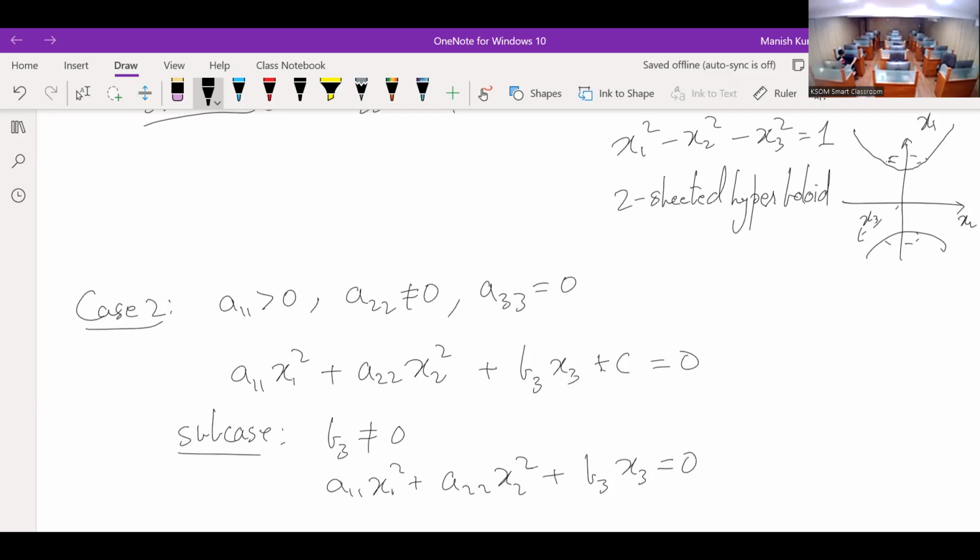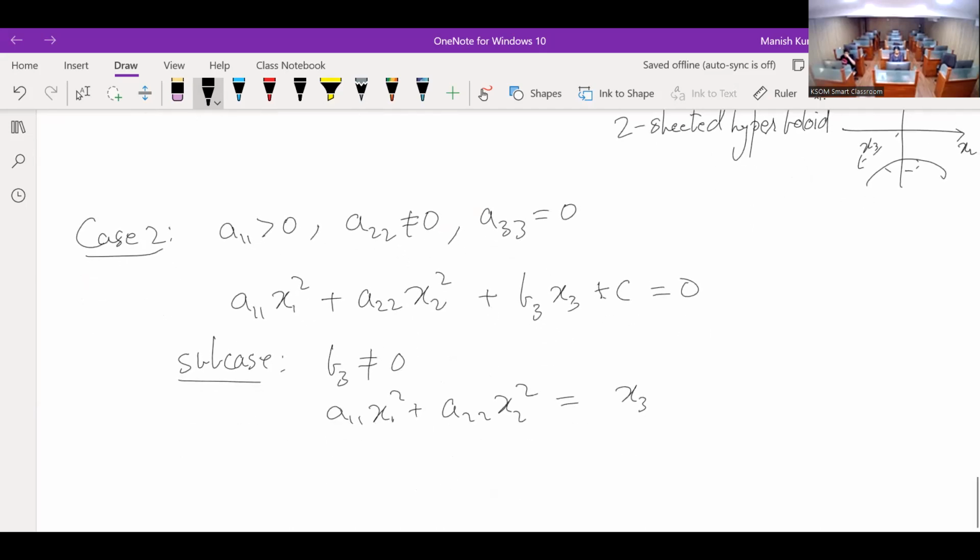And maybe by scaling x3, we can even make sure that B3 is -1. So we can do a scaling of x3, and the shape will not change. So the shape of this remains the same.